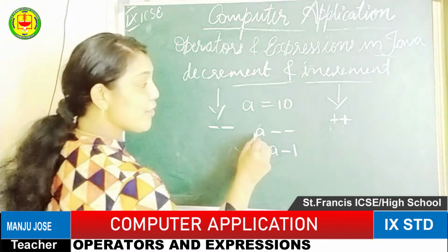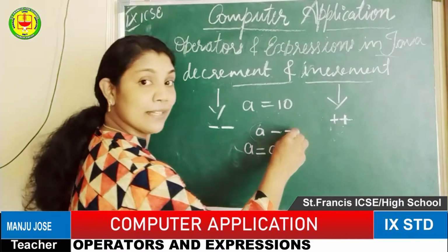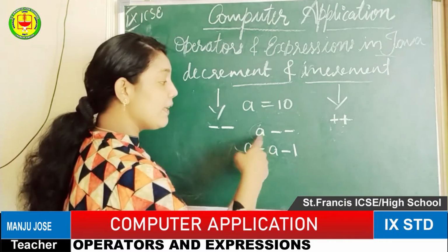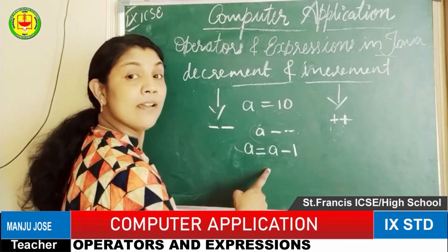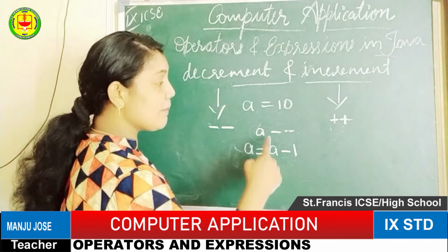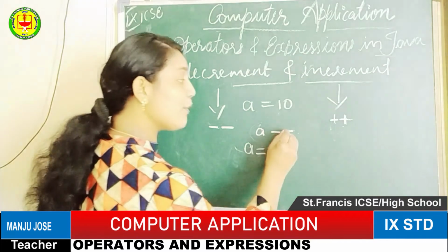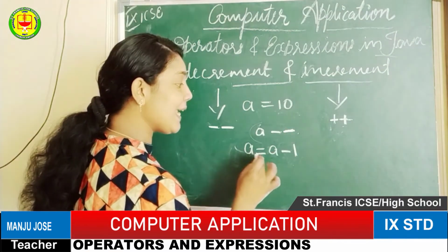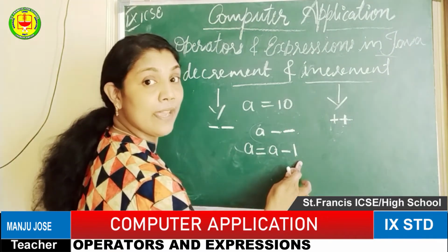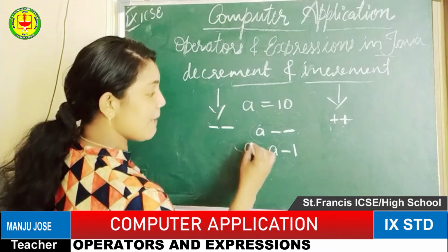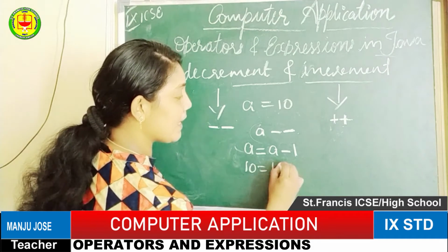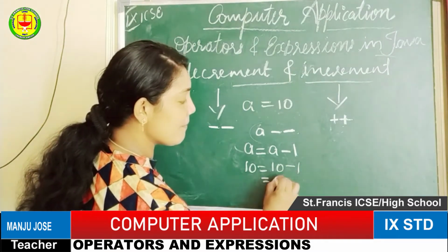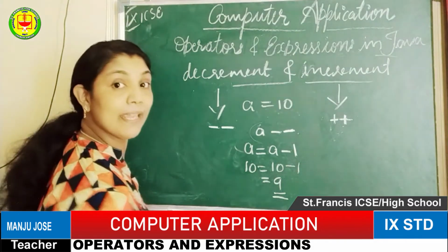So instead of a minus minus, you can also give a equal to a minus 1, either statement, apart from the programming. Both give the same answer. The value of a is 10, so 10 minus 1 becomes 9. So the answer will be 9.